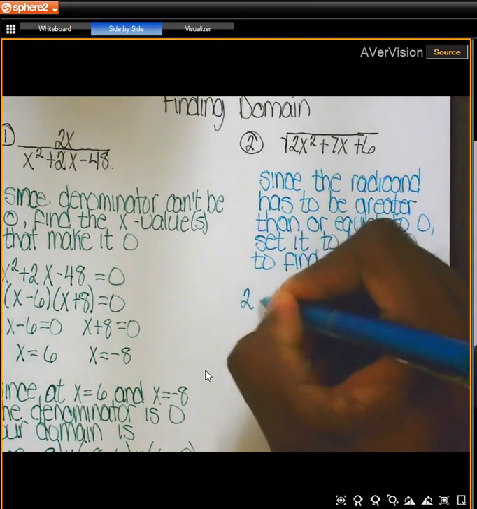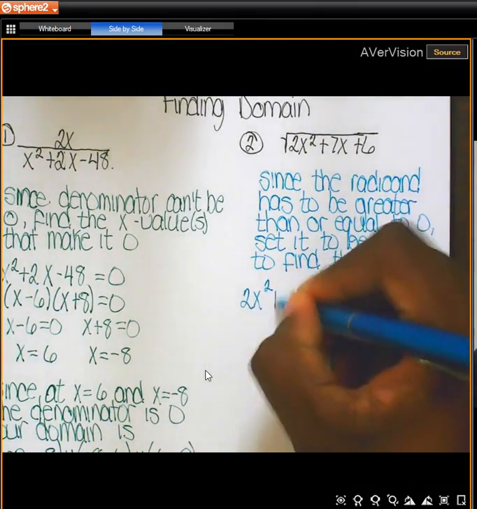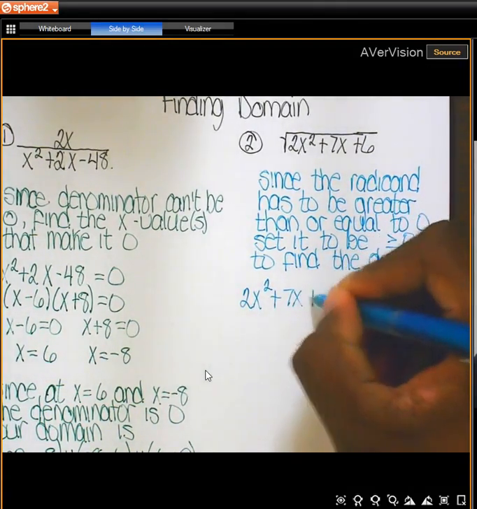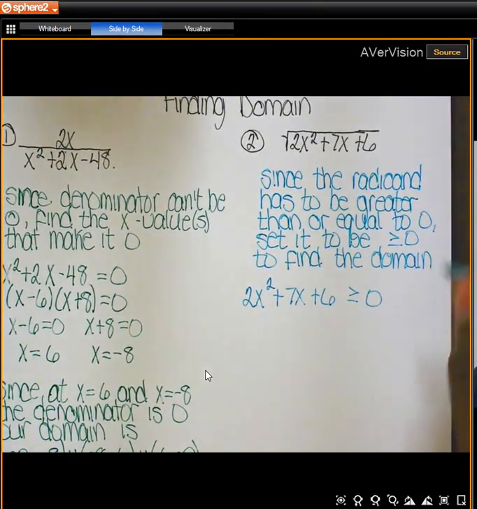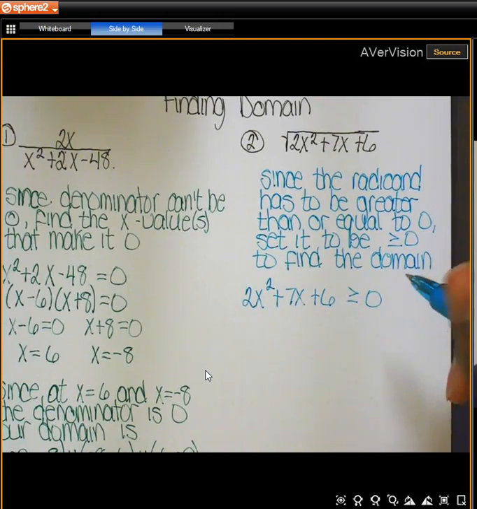So if we said 2x squared plus 7x plus 6 greater than or equal to 0, how do we solve inequalities like this? We're trying to solve for x.